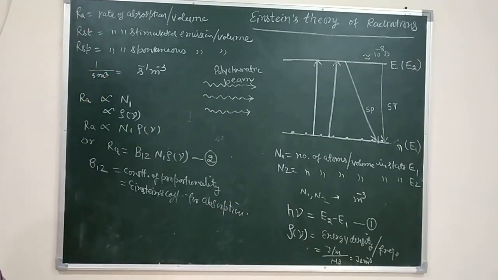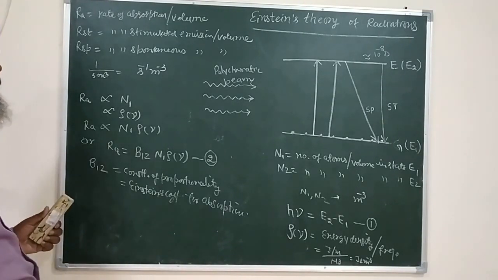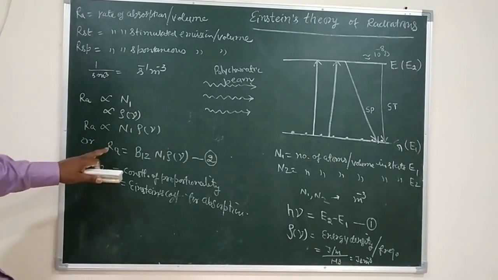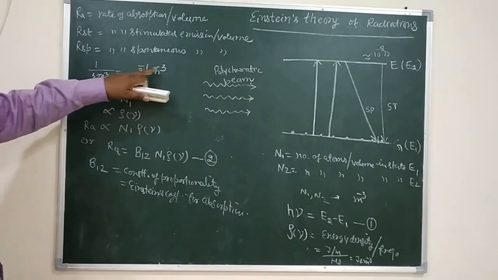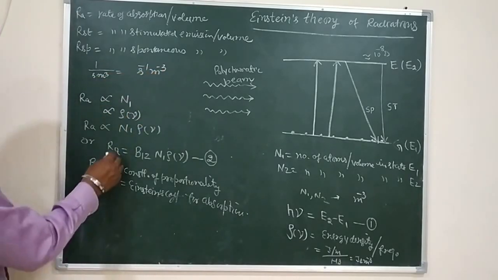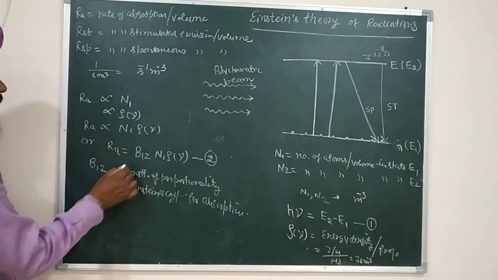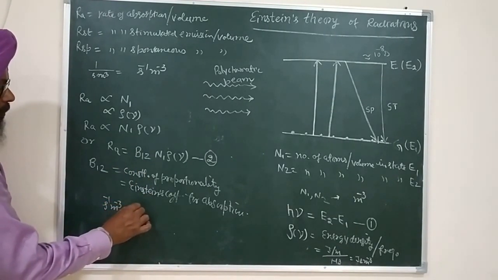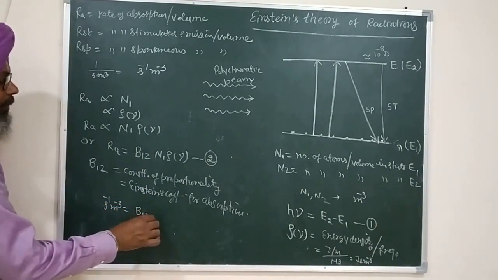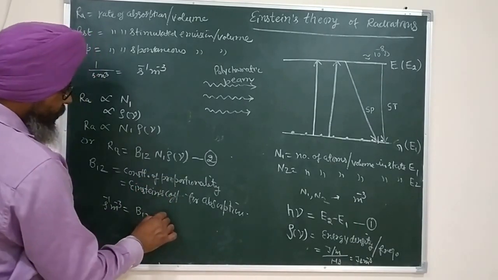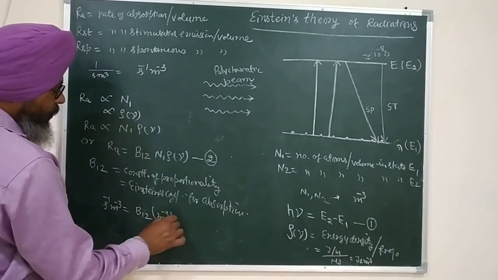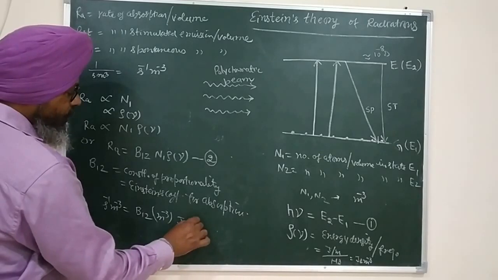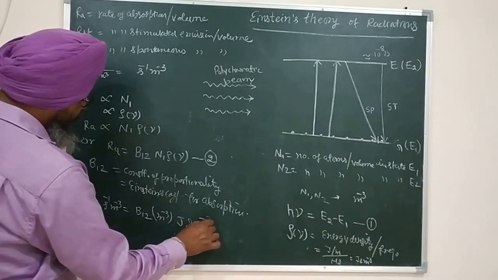If we know the unit of Ra, second inverse meter power minus 3, I can find the unit of B12. N1 unit is meter power minus 3. Rho nu is joule second and meter power minus 3.